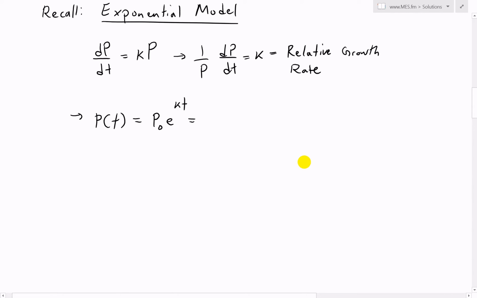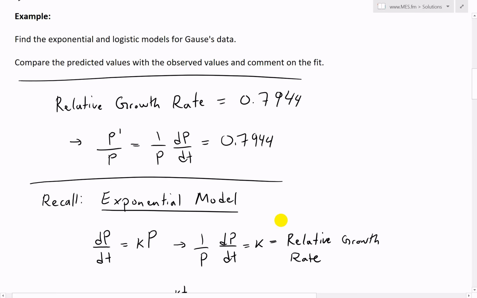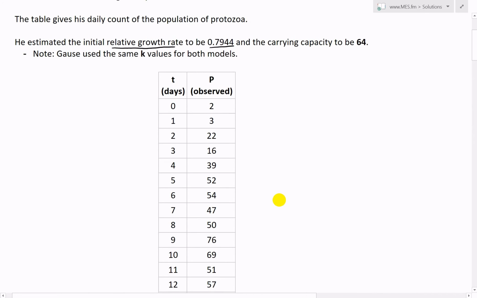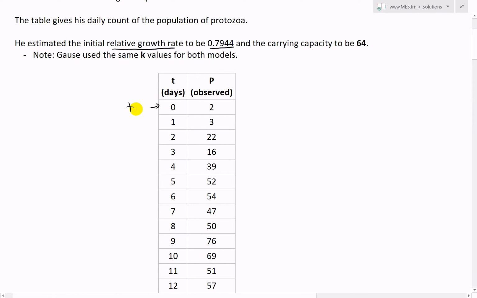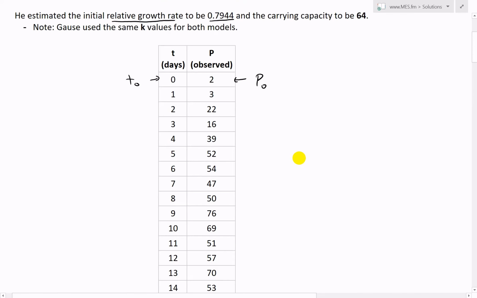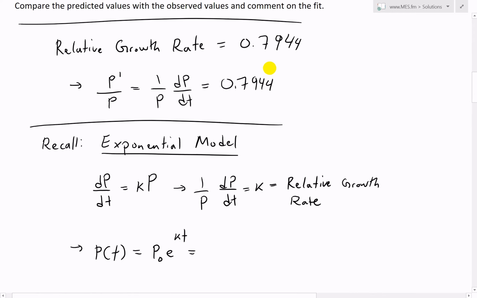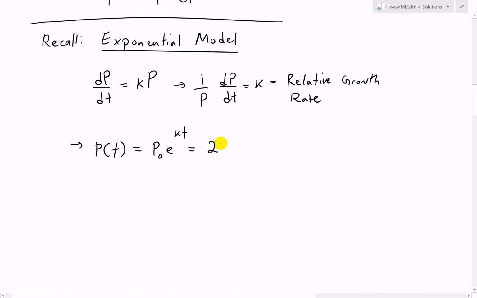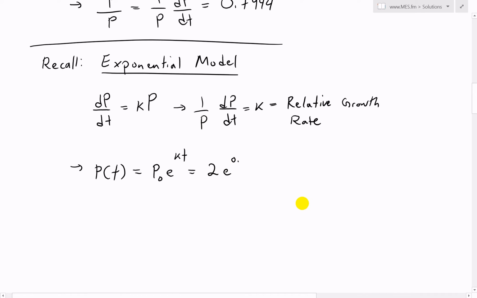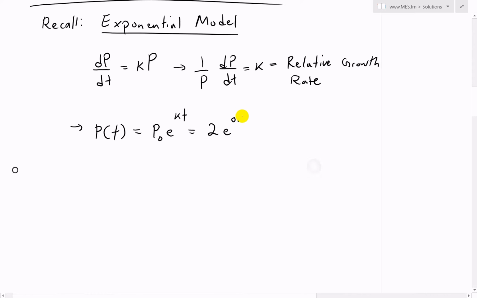Our initial population P0, at time t equals 0, is 2. So this equals 2e, and then we'll write the k value, which is 0.7944.